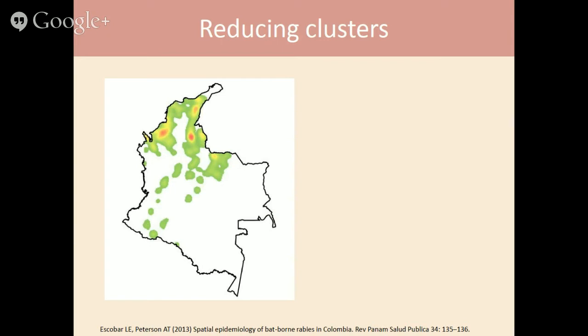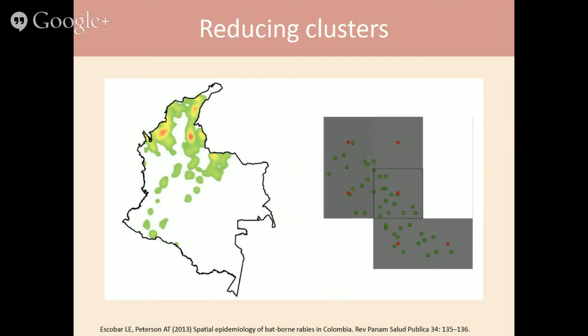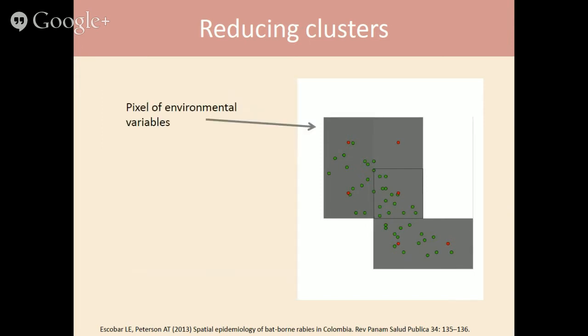So we must clean these points a bit, and what we did is that if the gray squares are the size of the pixel from the environmental variables, we are going to collect only 1 point from each environmental pixel. So let's see these green points.